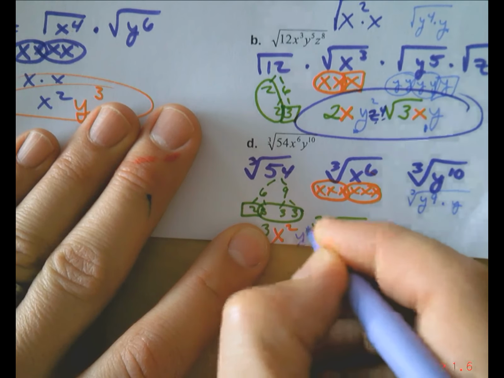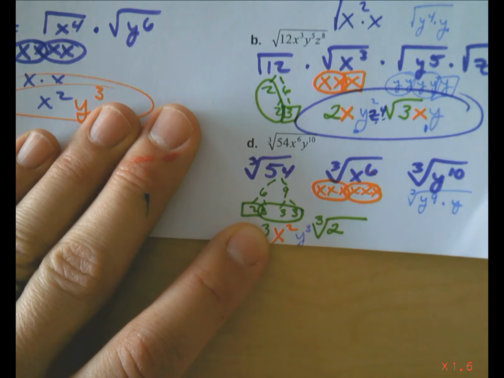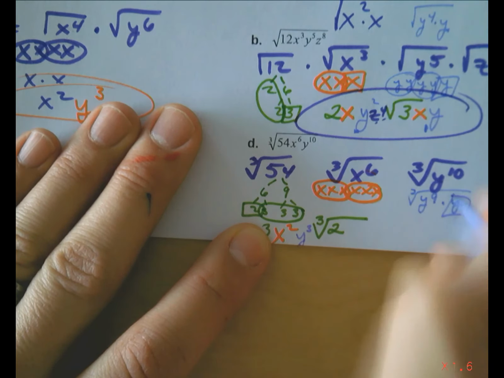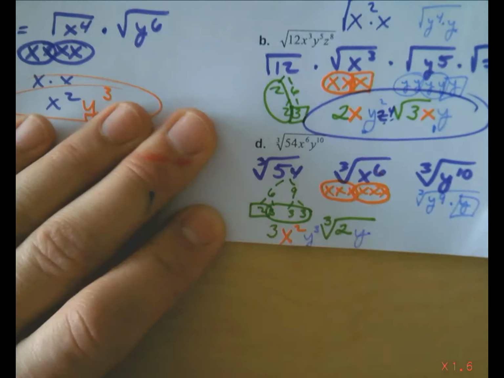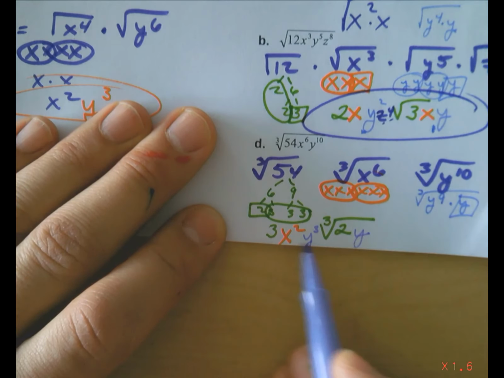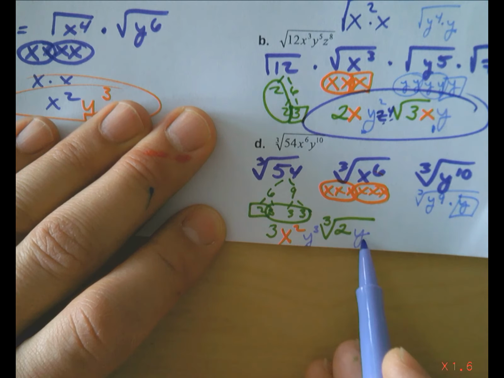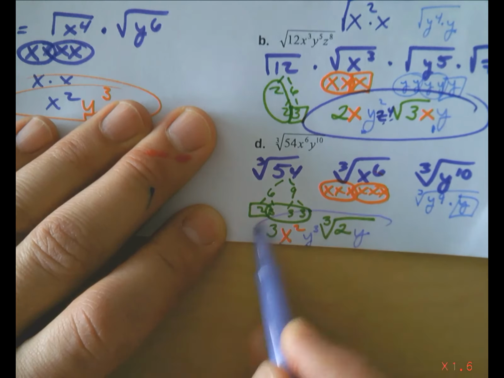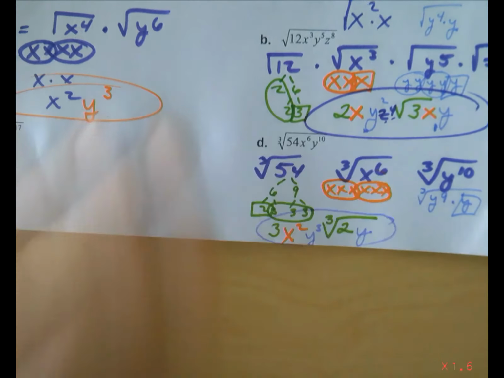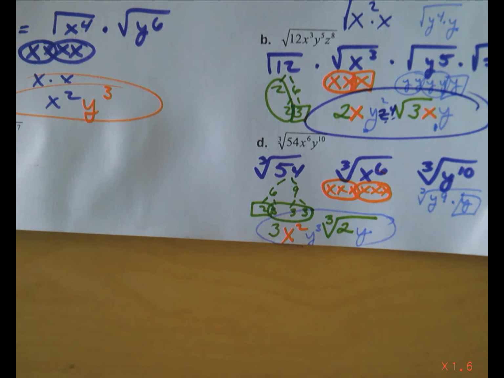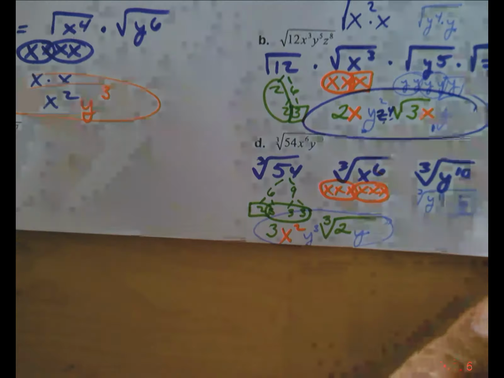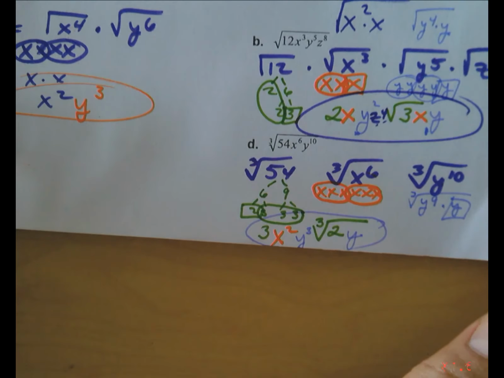That's y to the 3rd. And then, oh, this guy's left on the inside. So we end up with 3x squared y cubed, and then the cube root of 2y for my final answer. Final. Any questions, guys? All right.